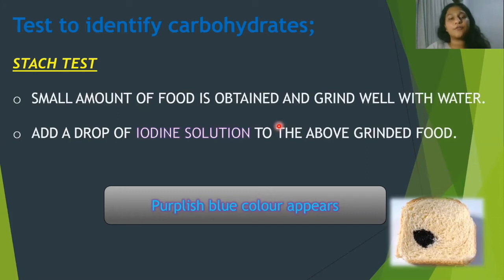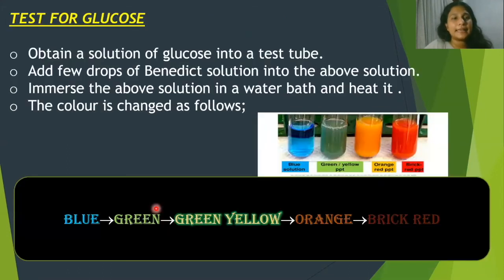Then add a drop of iodine solution to the ground food, and you will get a purplish blue color, as you can see in the figure, but I don't think it will be clear for you. It's very dark. So just keep in mind the color because it's really important. Purplish blue color.